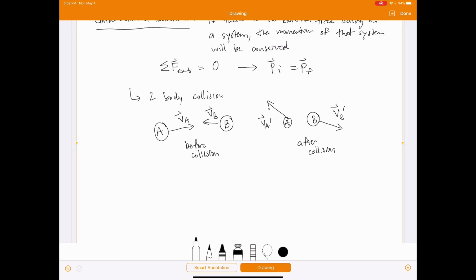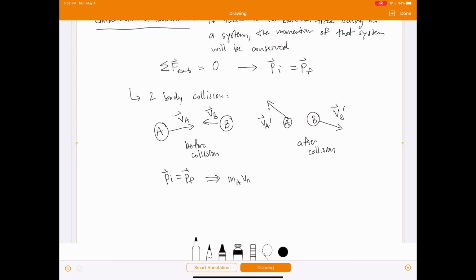What conservation of momentum allows us to do is relate what's going on before collision to what's going on after collision. So if P initial is equal to P final for this system, and that means we have to account for both objects, here's what this tells us.